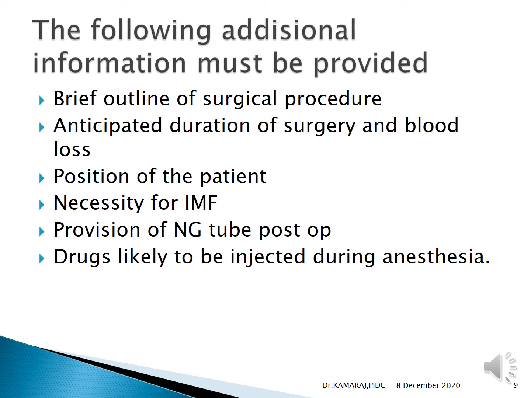You also need to tell them whether you're going to give a nasogastric tube post-operatively for feeding if the patient cannot take oral feed, so that the nasogastric tube or Ryle's tube can be inserted before extubating, so that it stays in place.